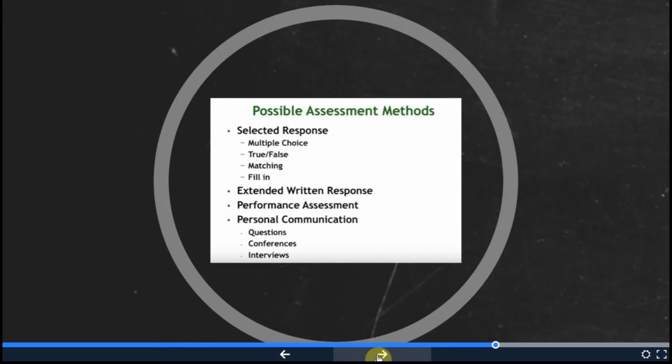So we have to make sure when we're selecting the types of questions that we're asking students that they also match the learning target. So these are all the different types of possible assessment methods that we could choose for students. But we want to make sure that they're aligned to the targets and that they're properly trying to measure what we've taught those students.